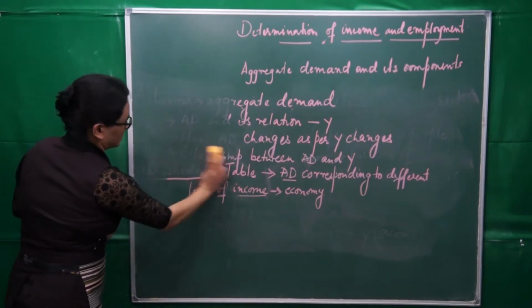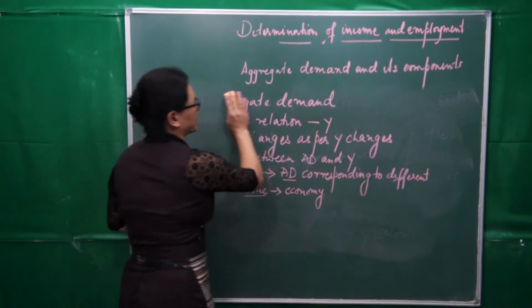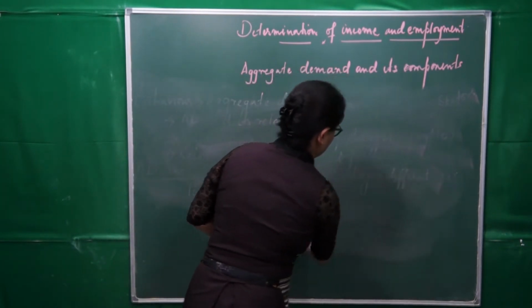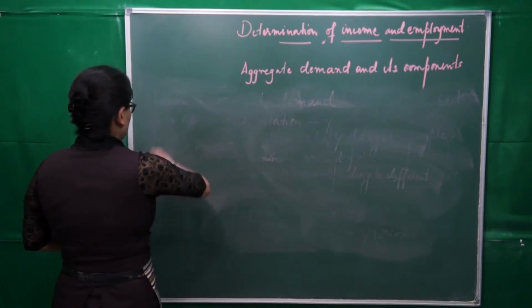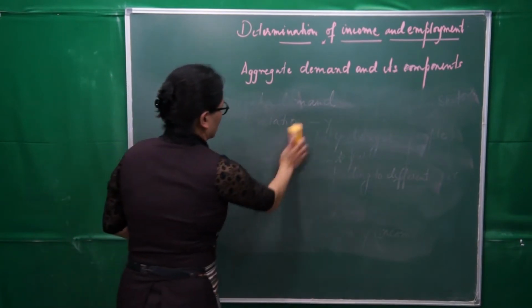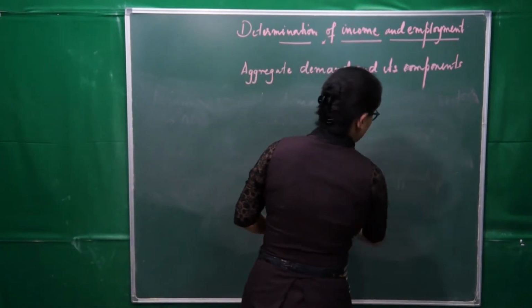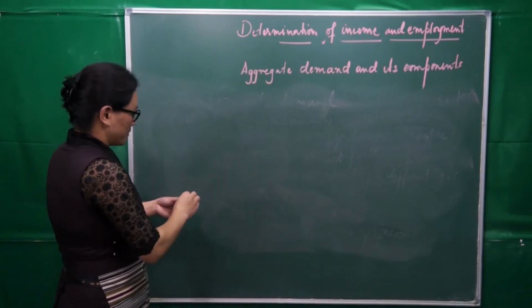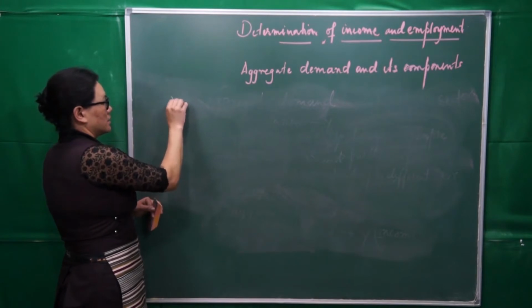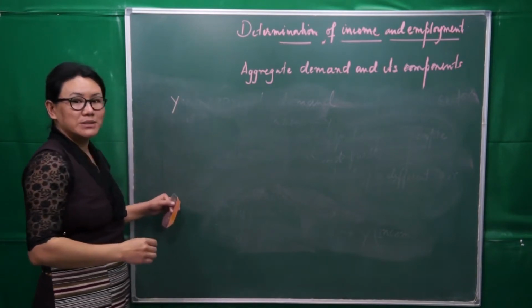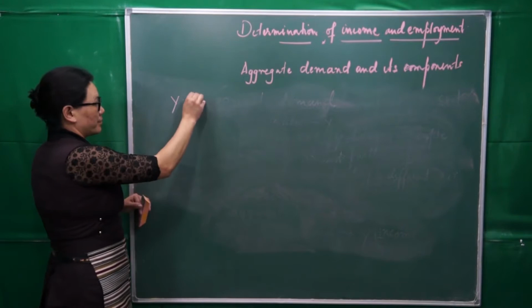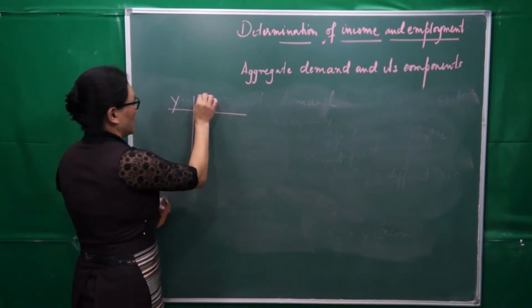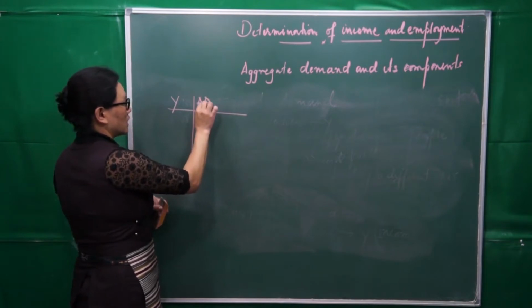I will make one schedule. I will be using the schedule which is given in your text. This is income, and this is your AD.